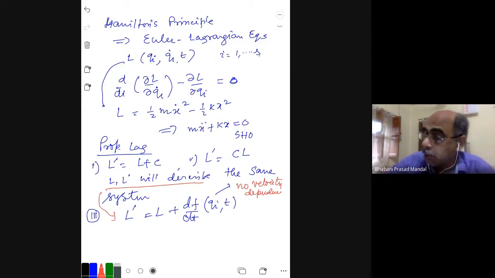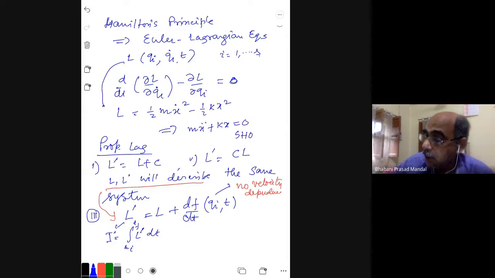Okay. So let us prove. If I go to the action, the action for this is I prime, which is the integral of L prime dt from initial time to final time. This is the line integration.